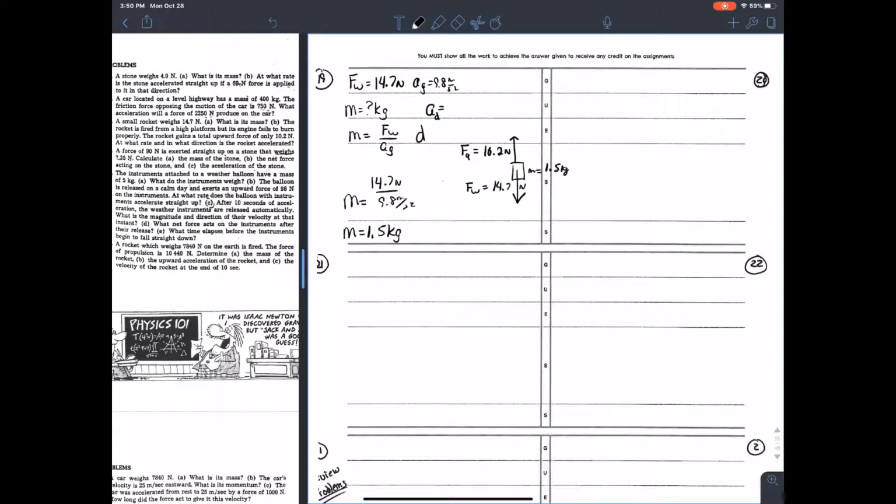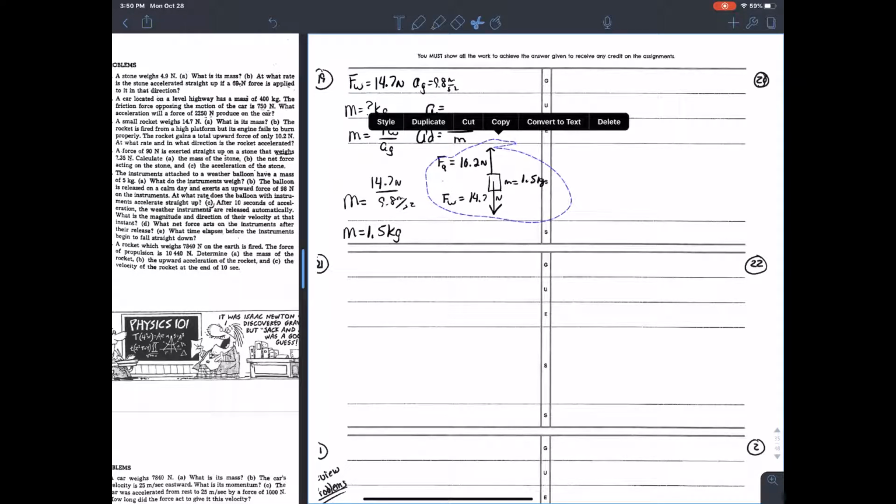So if you're trying to find the acceleration downwards, well, you're going to need to know what the net force acting on this object is and its mass. All right. So with this problem right here, what we need to figure out is not what the upward applied force is. It's not what the weight acting downwards is.